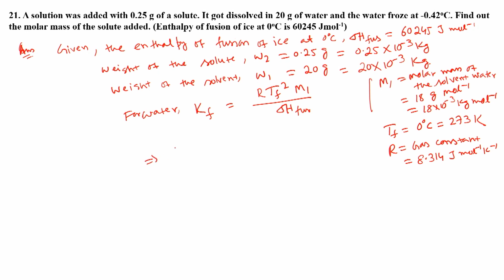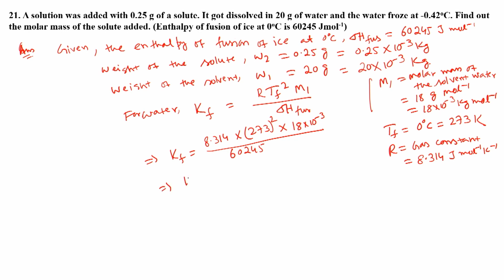Now if we substitute everything here, we get Kf is 8.314 times Tf, 273, raised to the 2, times M1, 18 times 10 to the minus 3, divided by delta H fusion, 60245 joules per mole.